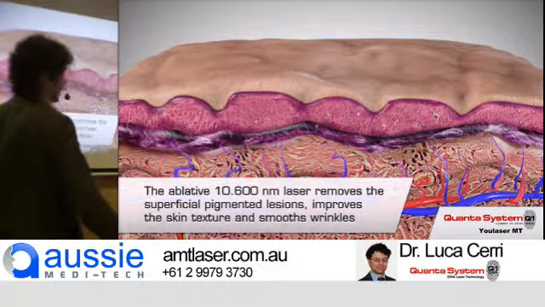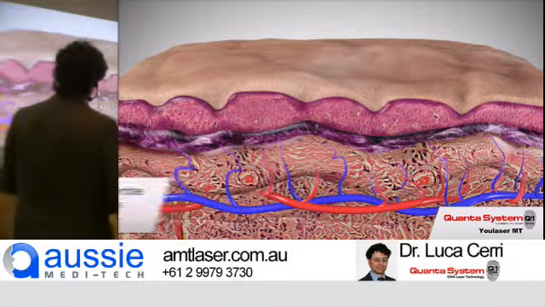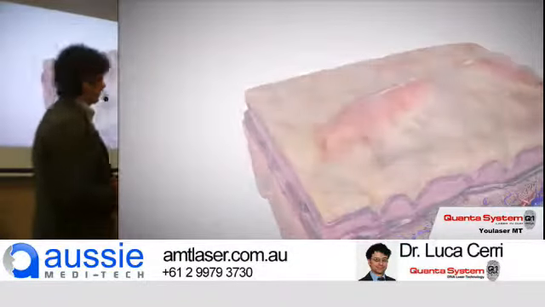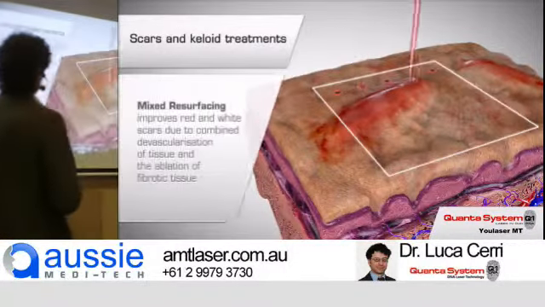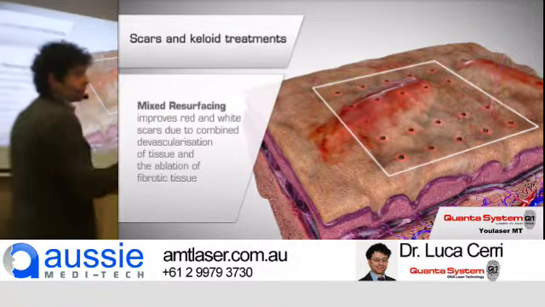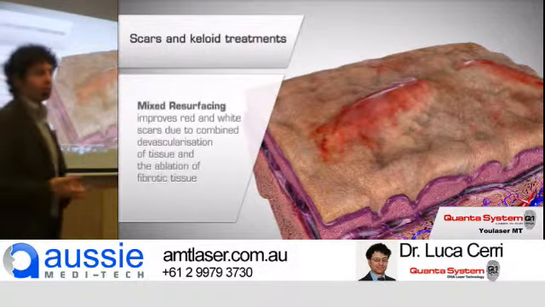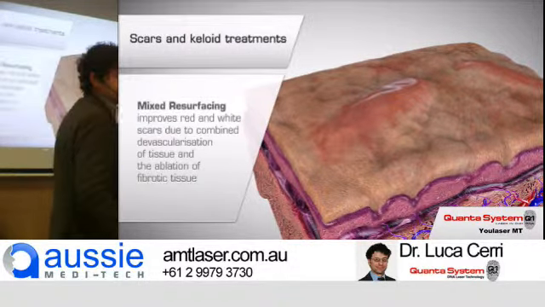So 1540 reduces the vascularities and is also acting on the deep pigmentations. In the case of some melasma, for example, it can improve it. And the CO2 is taking care of the texture and the pigmentations in a single session.